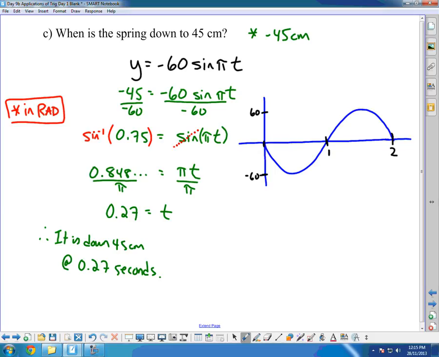The spot I'm interested in is this spot here. This is -45, or 45 centimeters down. We just did all this math and found out that the first time it happens is at 0.27 seconds. So from here to here is 0.27 seconds.